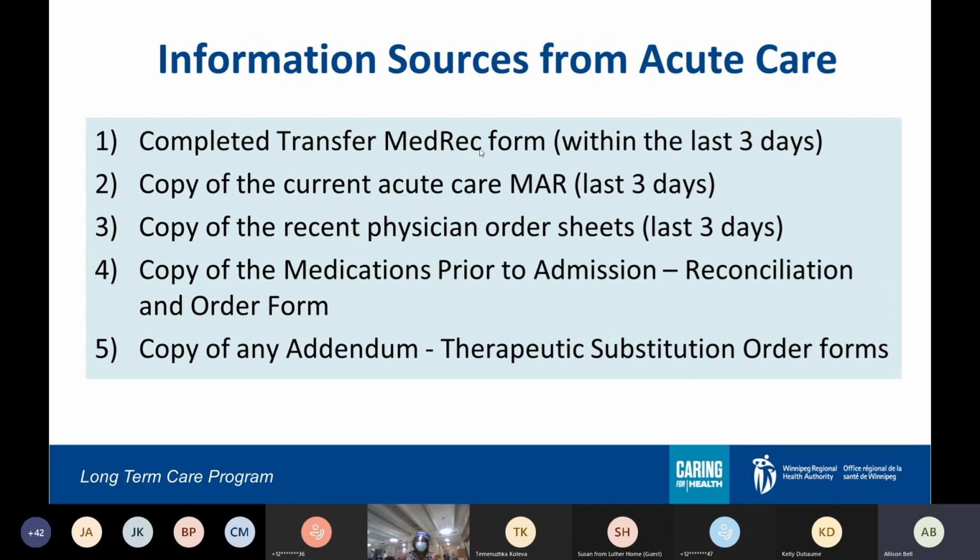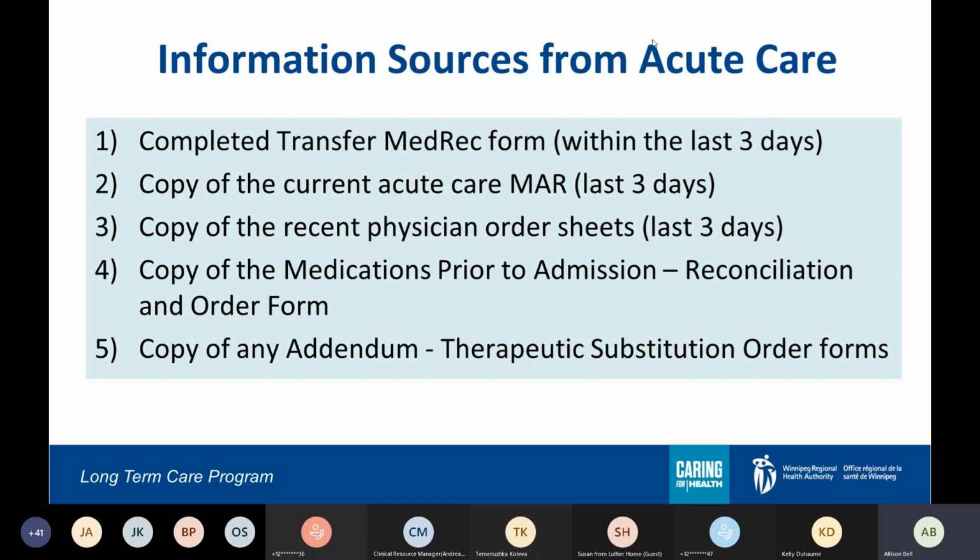So it's very similar to the process that we saw with the acute care admission when it was a shorter duration admission, is there's the 5 key documents. Although number 5 you may or may not receive depending on if it was needed. So again, our key is really that transfer medrec form. What we say for this, though, is that it should be completed within the last 3 days versus 7 days, because we know when somebody is waiting for admission, generally that's a little bit longer process, so they're stable usually for longer.